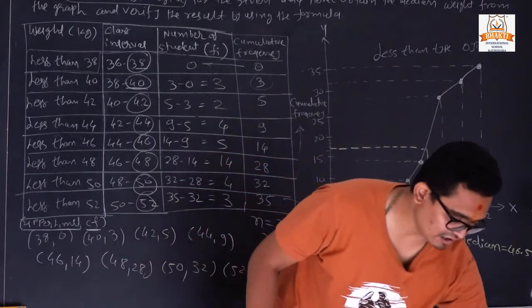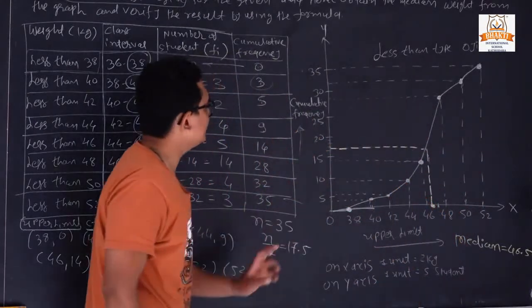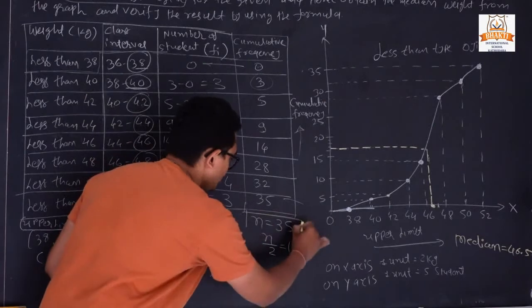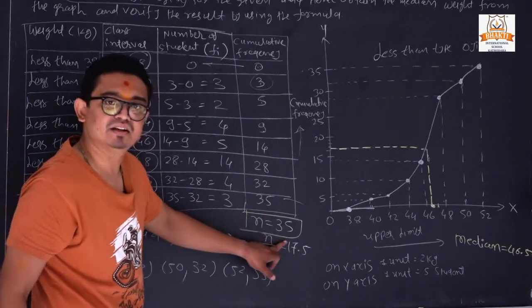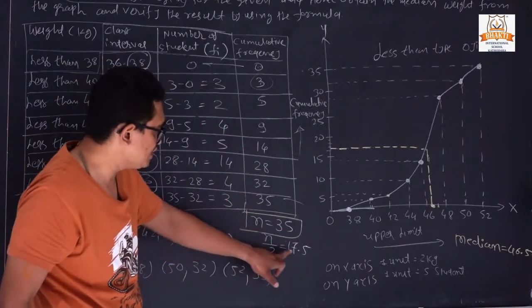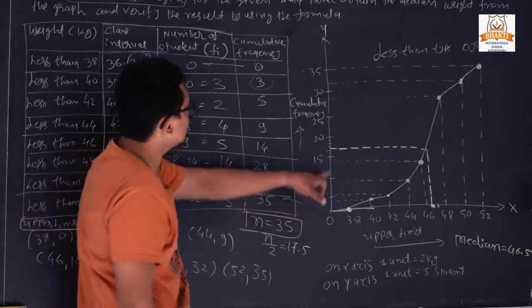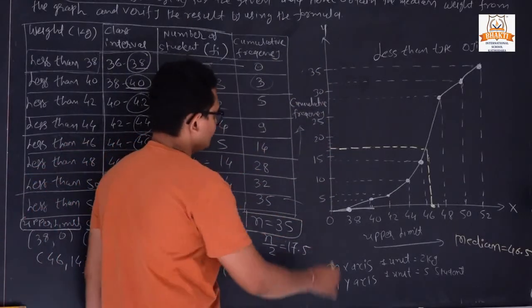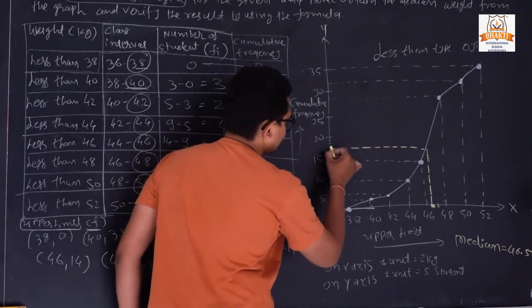So how can we find the value of median? First of all, here the total number of students is 35. Then n by 2 means 17.5. Now see the cumulative frequency column, 17.5 is here.